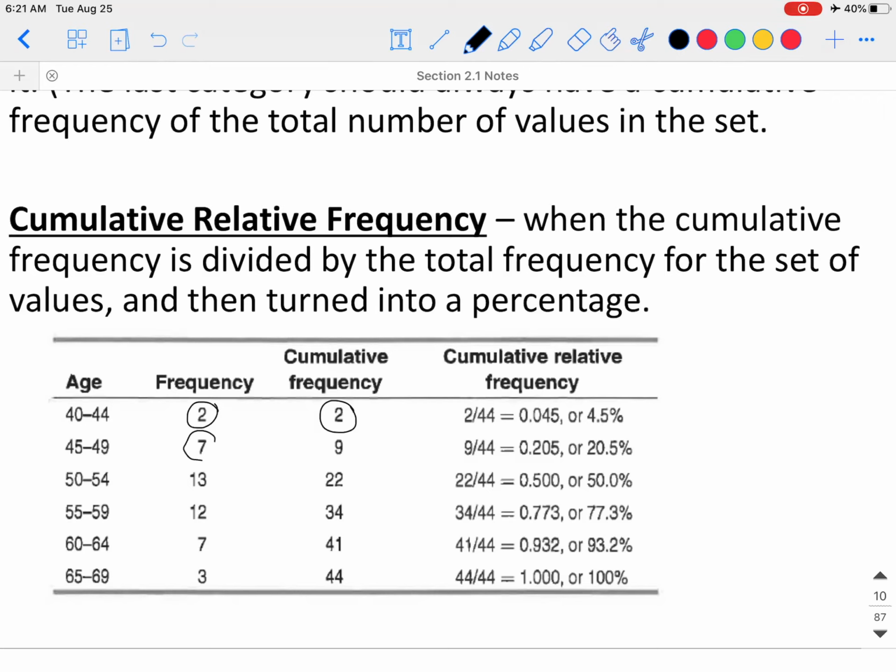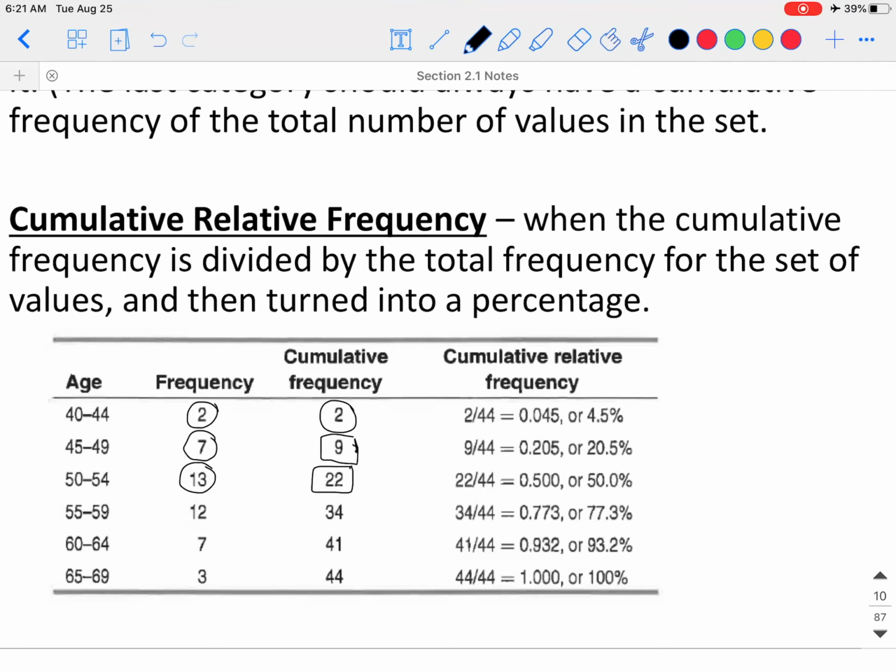If we have 7 in the next one, 2 and 7 together give us 9. So we're saying everyone up to age 49, there are 9 of them. In the 50 to 54-year-olds, we have 13 people. So all people up to age 54, we would add all those categories together, and you are up to 22.